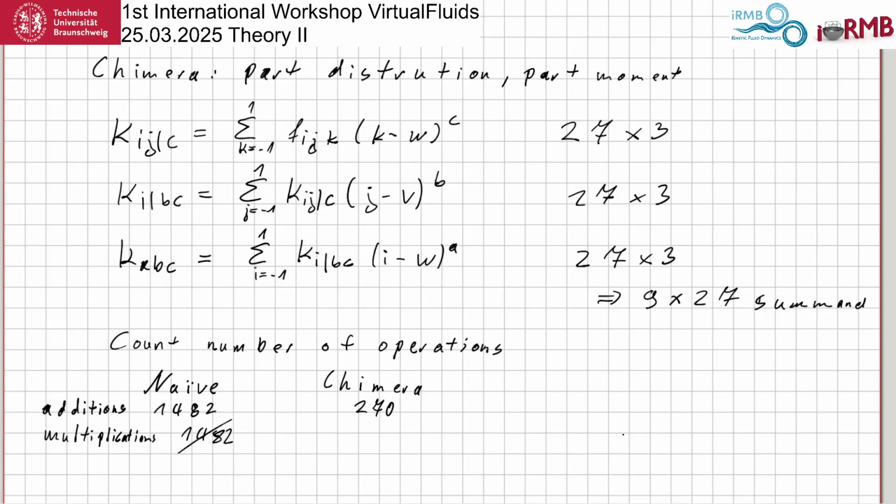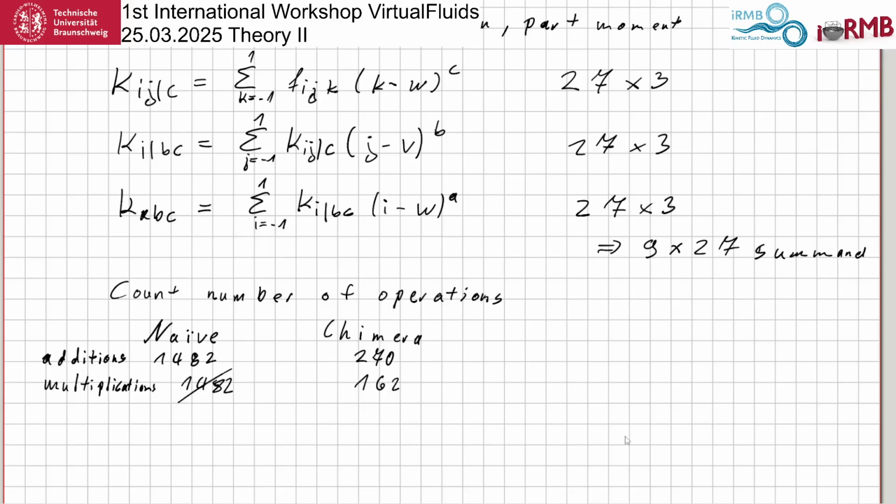So I wrote the wrong number down, but it would be 1,400-ish. And here we get 162. So this in itself, I mean, it's roughly one fifth of the number of the operations. And it's therefore also 5 times faster.